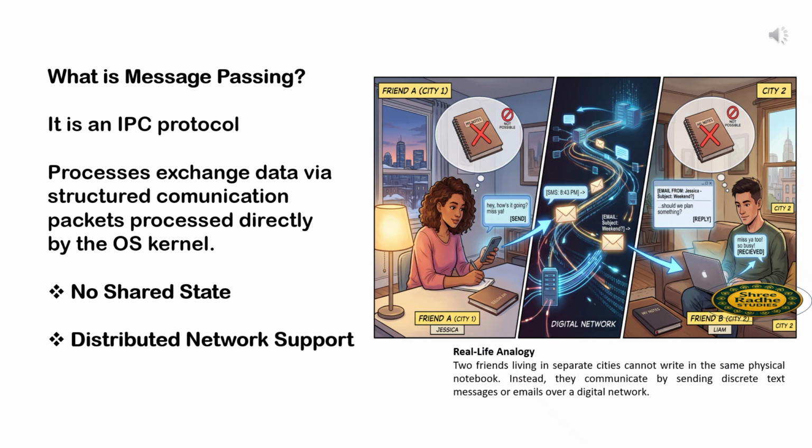Since every process has its own private memory, there is no shared state. Although message passing is slightly slower because data must be copied, it provides better security and is much easier to use across different computers connected through a network. This makes message passing the preferred communication model in distributed systems.